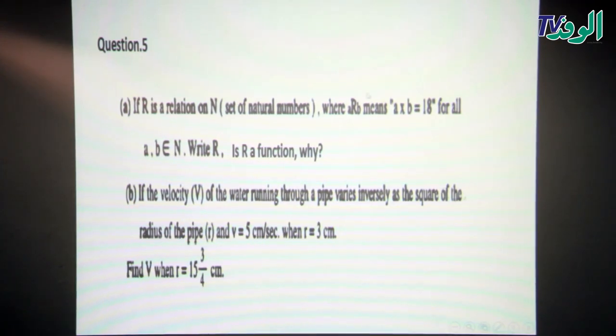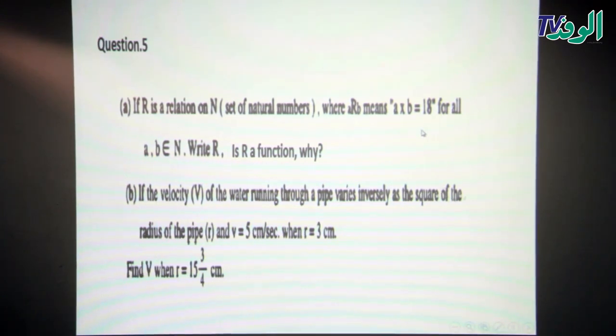If R is a relation on natural numbers where A is related to B such that A times B is 18 for all A, B belonging to N, write whether R is a function and why. First I will get the factors of 18, which are 1 and 18, 2 and 9, 3 and 6.